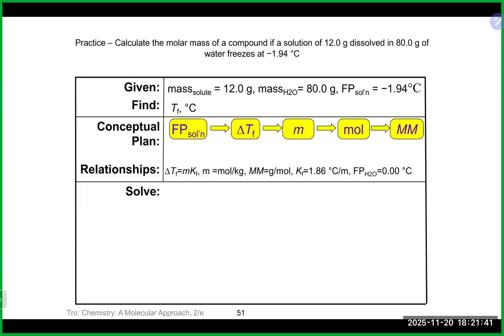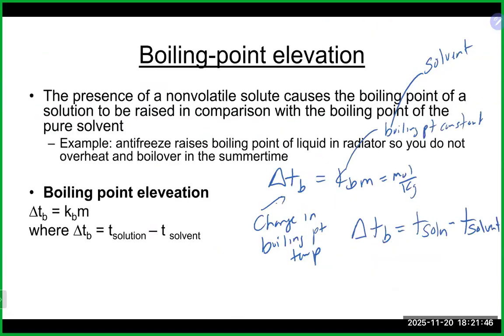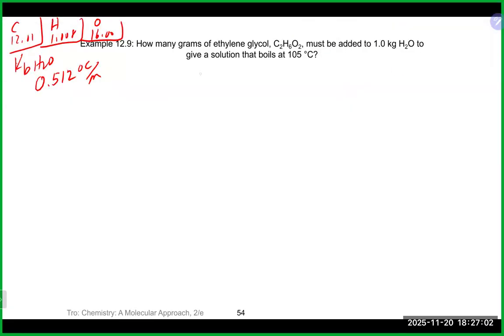Again, we are talking about boiling in this case. So if we go back to our table, which we saw earlier, our Kb for water is 0.512. Not too different of a formula, but this is going to be our change in boiling point temperature equals our Kb times our molality.